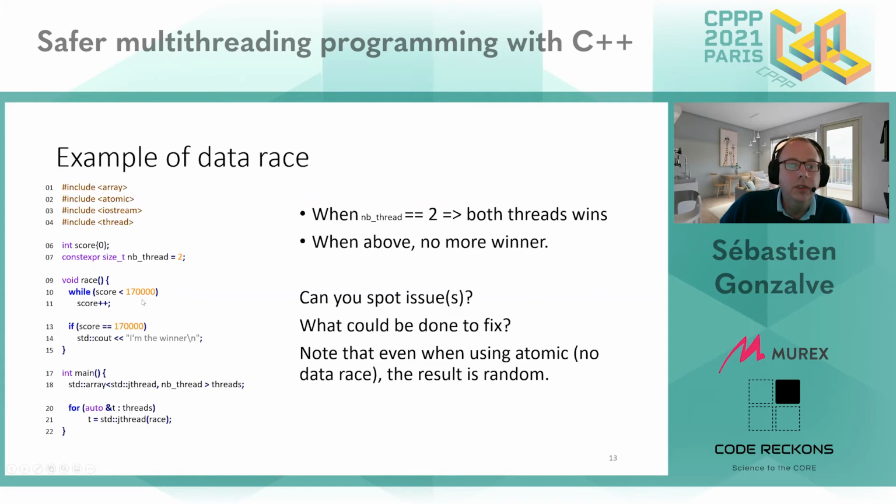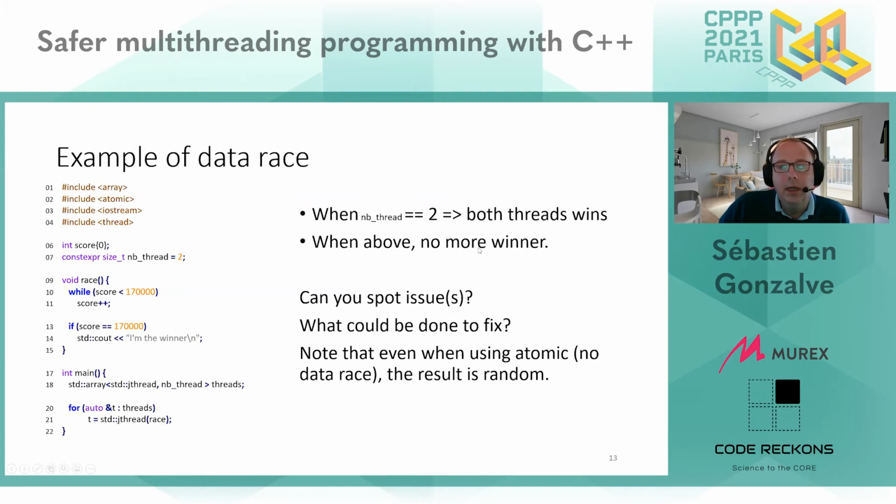They are just trying to reach a max number by increasing a global variable, which is the score here. Until they get the score to a certain value, they increment it. And when this value is reached, we just print I'm the winner.